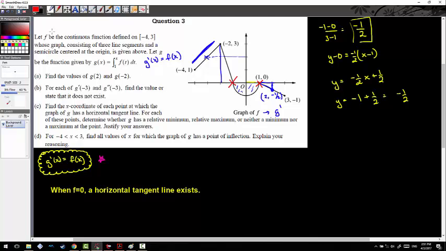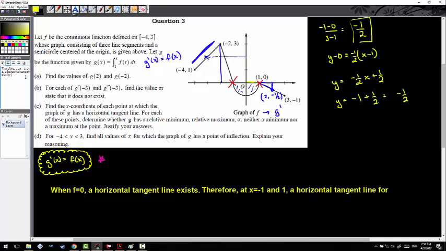So that means we can say, therefore, at x equals, looks like negative 1 and 1, a horizontal tangent line for G exists.